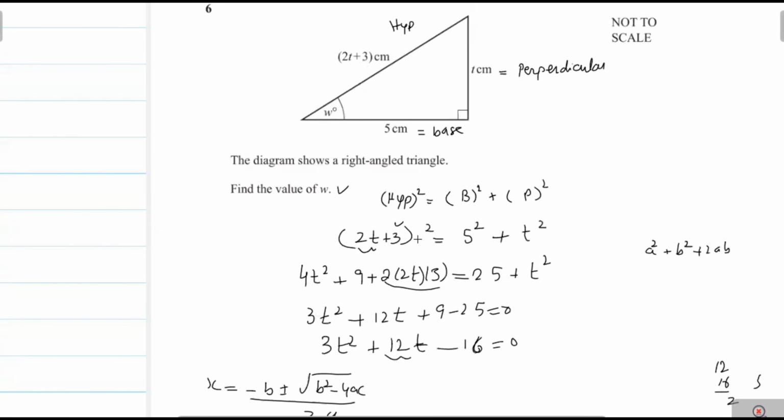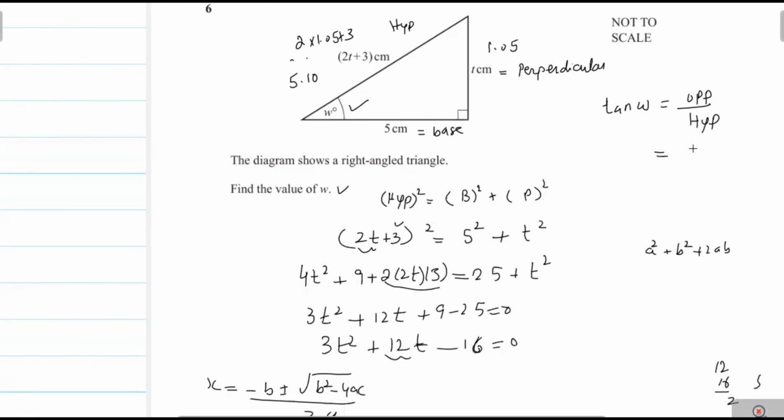Now the t length will be equal to 1.05 and this will be equal to 2 times of 1.05 plus 3, and this will be equal to 5.10, and this length will be equal to 5.10. Now we can calculate the angle by using the formula: tan w equal to opposite side over hypotenuse.